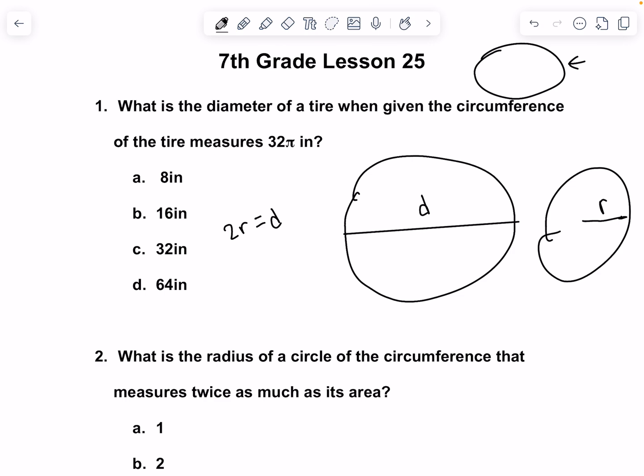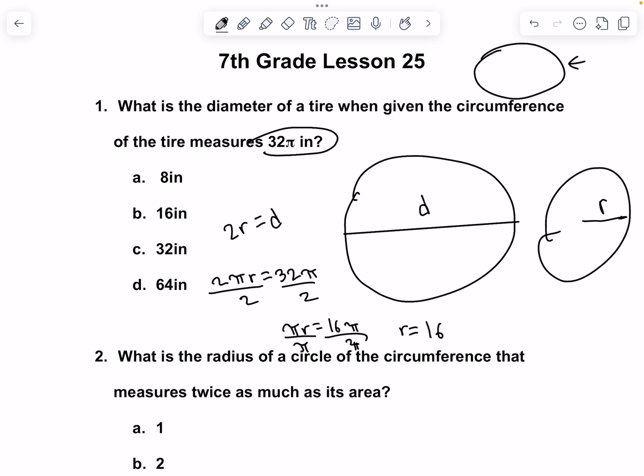With this in mind, the formula for circumference is 2 pi r. And we know that circumference is 32 pi. So we have 2 pi r equal to 32 pi. We can divide by 2 on both sides, so that gives pi r is equal to 16 pi. And we can divide by pi, and that will give us r is equal to 16.